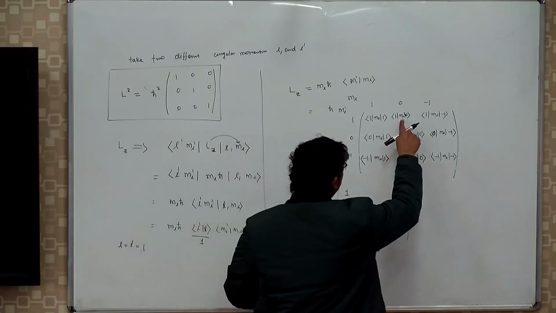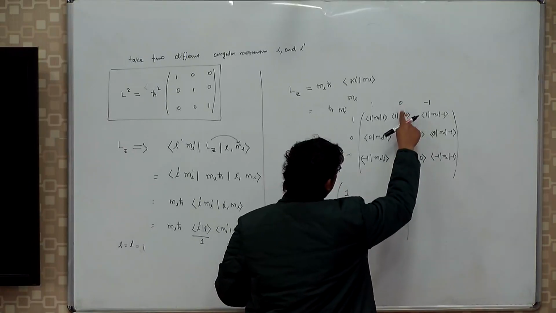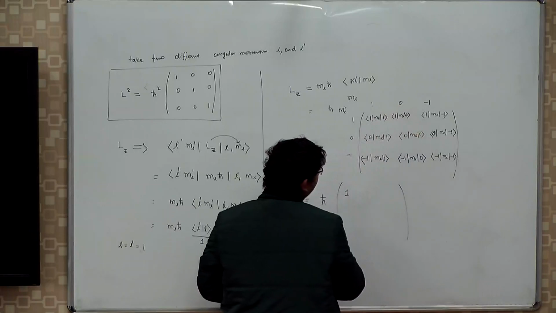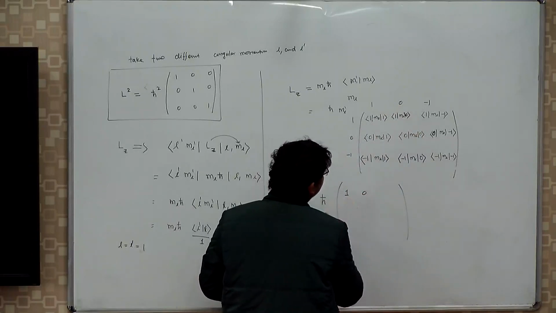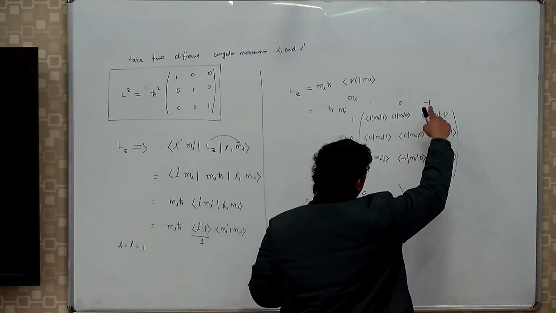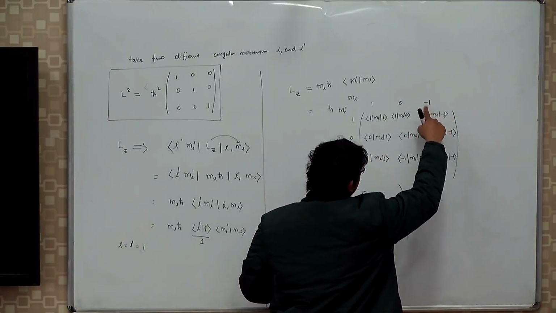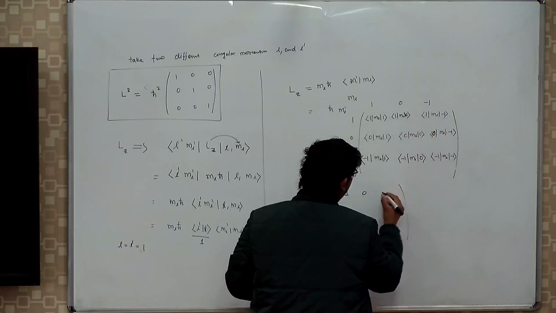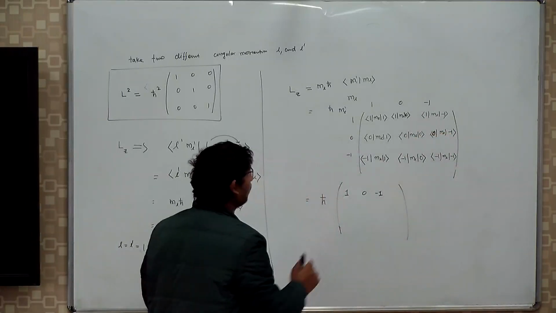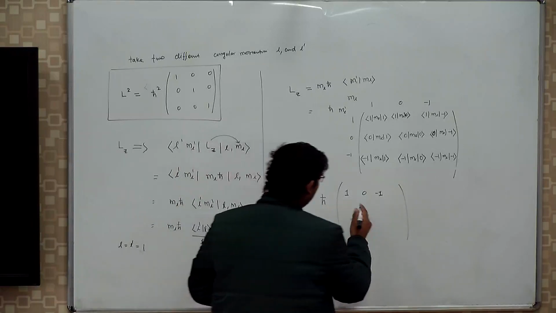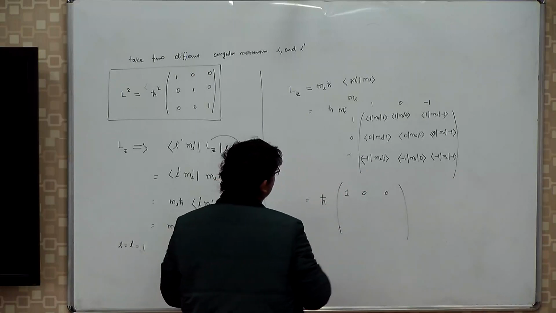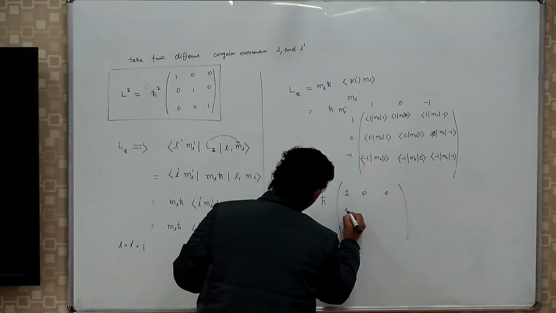When we come here, the m_l value is 0, so whatever the inner product, multiplied by 0, this entry will be 0. And here, the m_l value is minus 1, so we take it outside as minus 1, but the inner product between two different quantum levels gives 0, so the final product is also 0. Coming here, again the same, it will be 0.